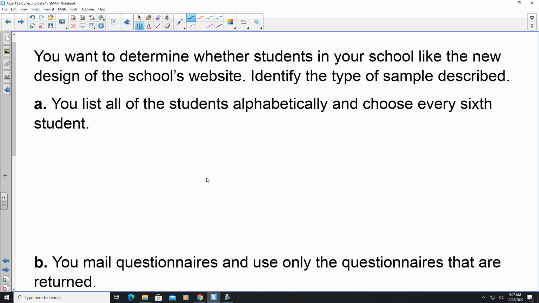For part A, it says you list all of the students alphabetically and choose every sixth student. Because you are choosing every sixth student, you are making a rule. Since you've made a rule on who is being selected, we are looking at a sample that is systematic.